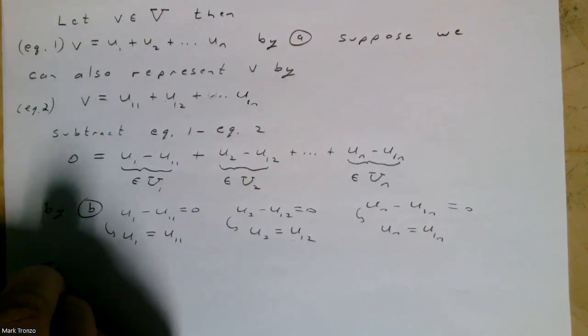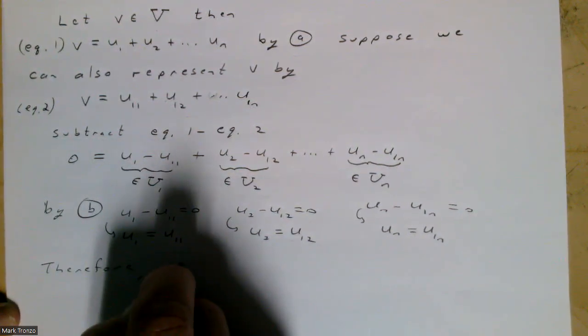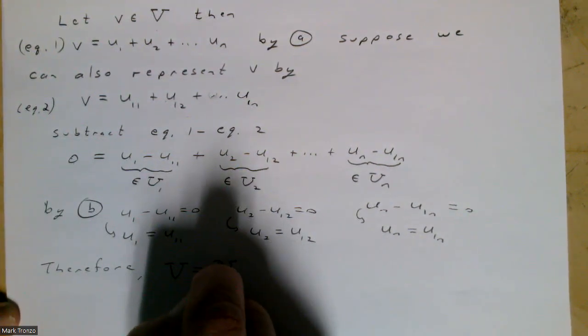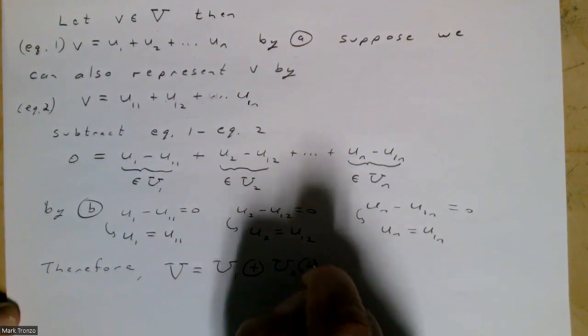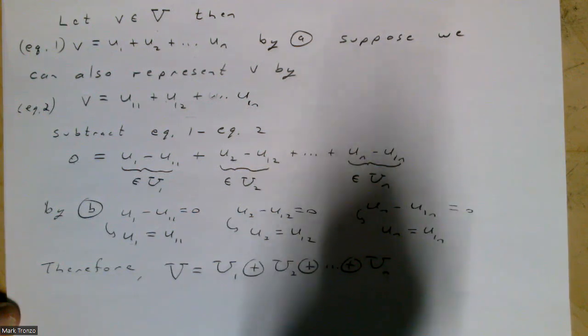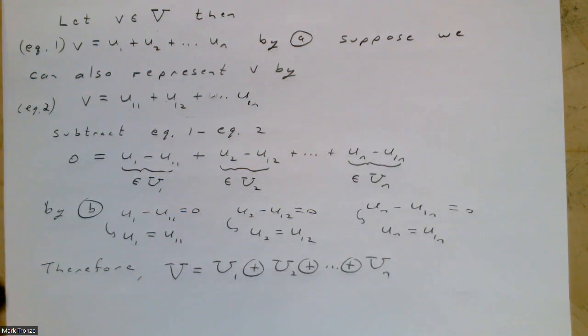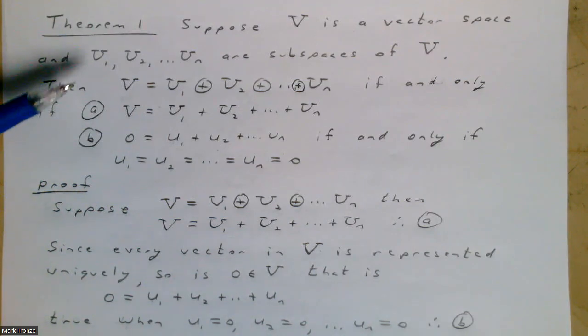Therefore, V is equal to a direct sum of those subspaces. So again, that's a handy theorem to keep in mind. We call it here theorem 1. It's handy to keep in mind because it's an easier way to show that you have a direct sum.